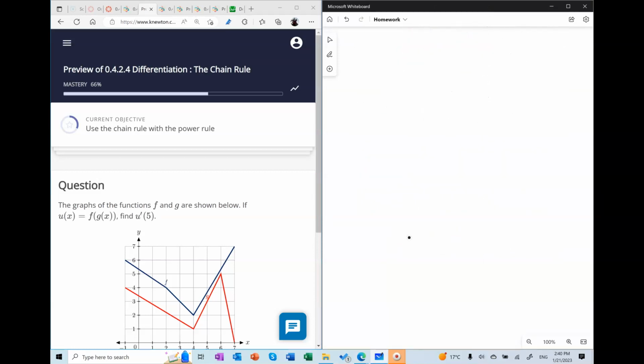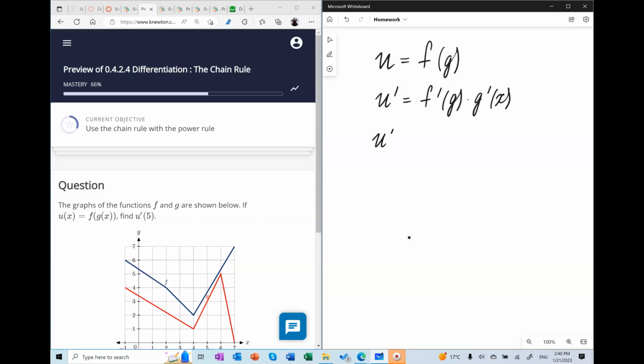So we should be able to do the same task without a function being given to us explicitly. Finding the derivative of f and g, again, means by the chain rule, it's derivative of f evaluated at g times derivative of g evaluated at x.